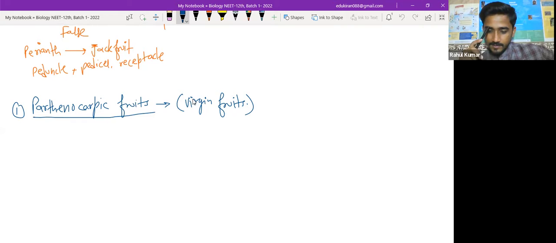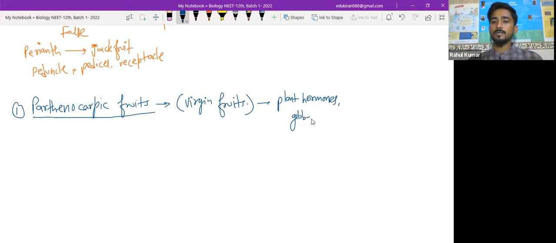So write down, during the cultivation of parthenocarpic fruits, the conditions in which fruits are formed are kept the same, along with plant hormones like gibberellic acid.